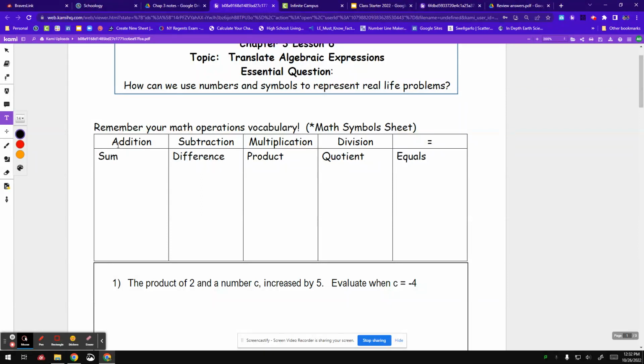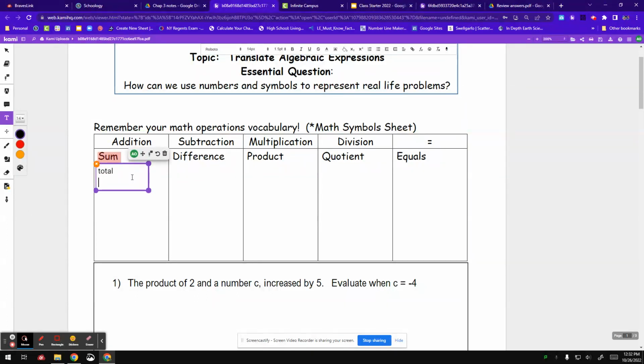Let's brainstorm as many addition words as we can, words that when we see them tell us to add. The first, and probably the most important, is the word sum. When you see sum, that means you're going to add. Another really popular one is total.